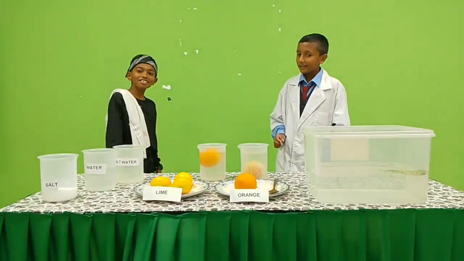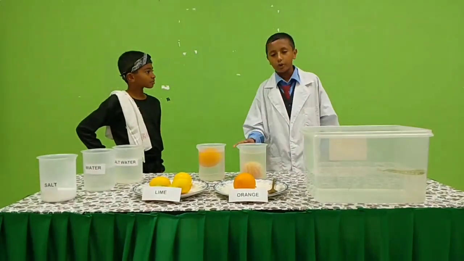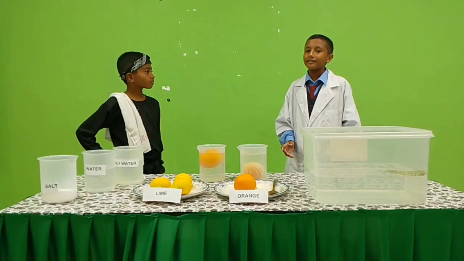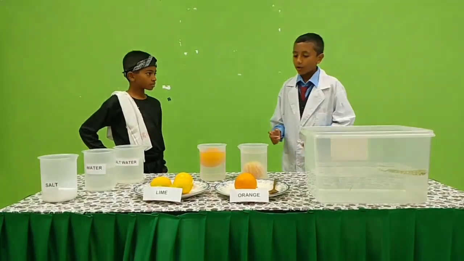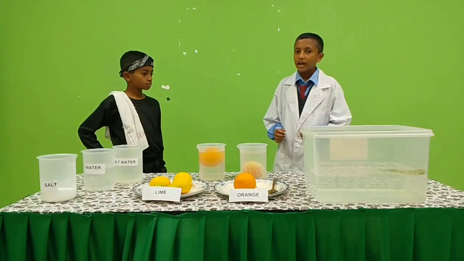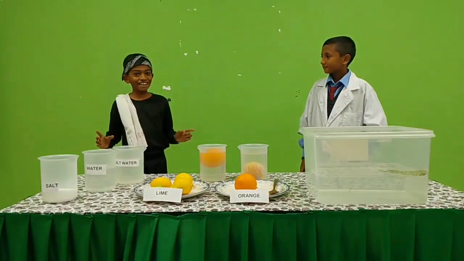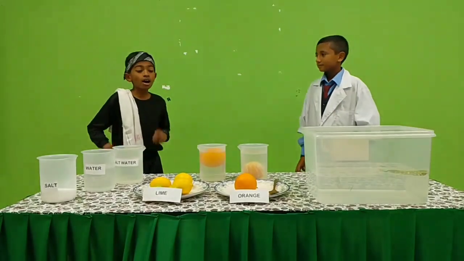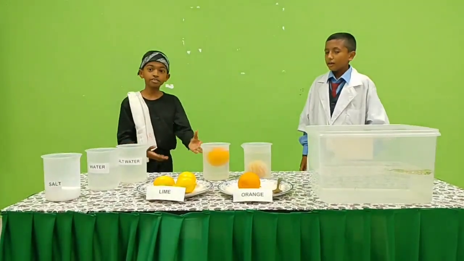The peel has tiny air pockets that help the orange float by making it less dense overall. When we remove the peel, the orange becomes denser and it sinks. Amazing! I never knew a peel would make such a difference.